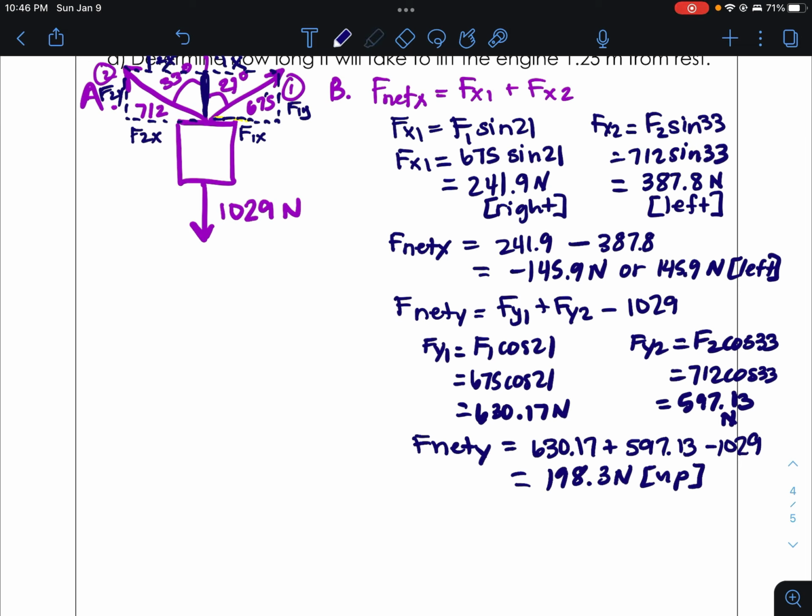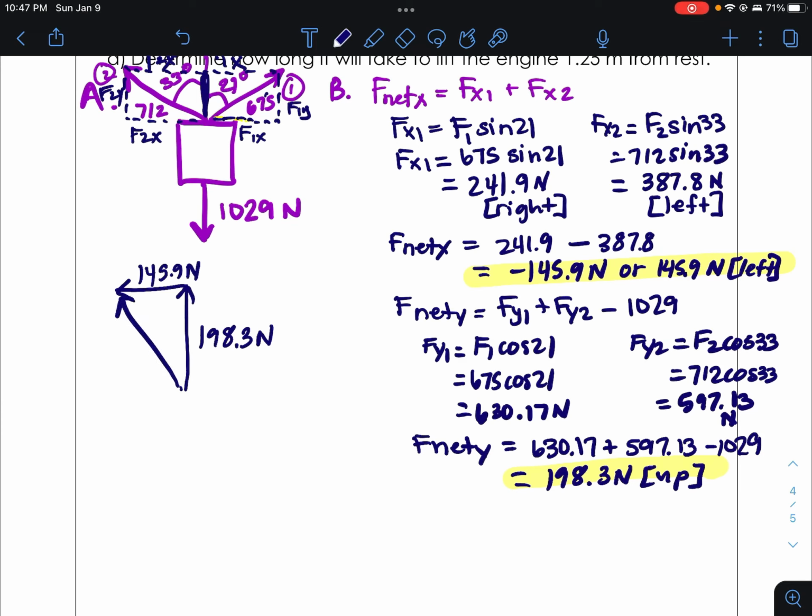So just so we see here, that one and that one are our net forces. If we wanted to know what our net force was overall, this is a y direction, we'd just put it on a triangle. So we've got up is 198.3 newtons, and then we have left is 145.9 newtons. So this is our overall.